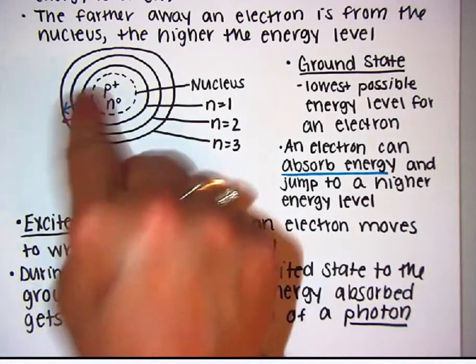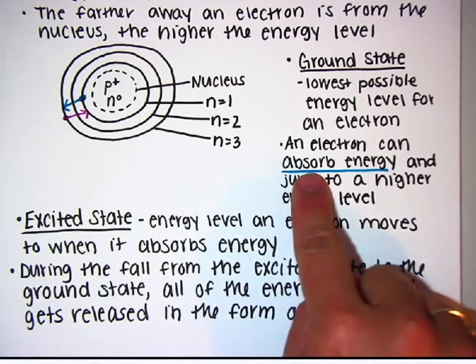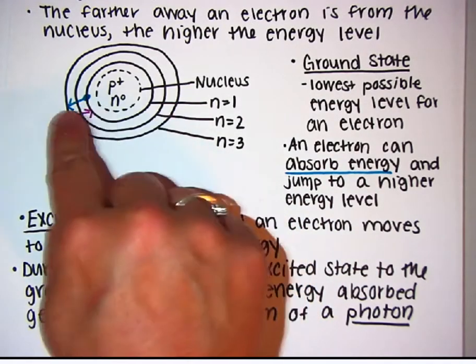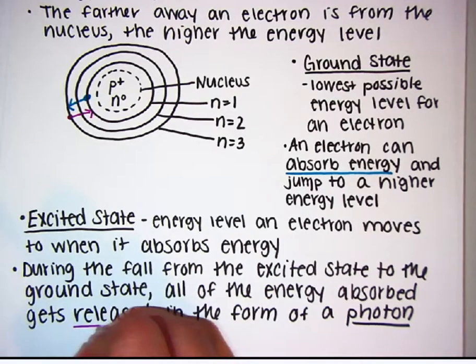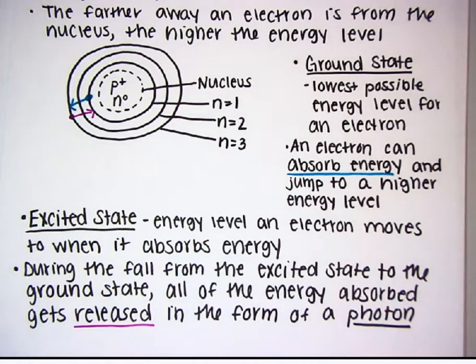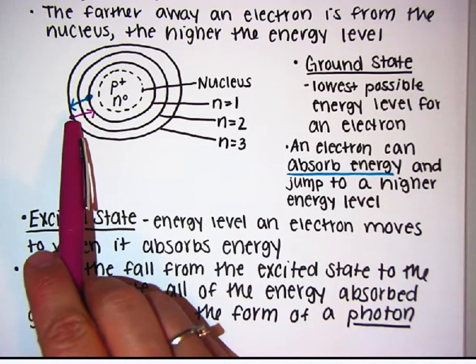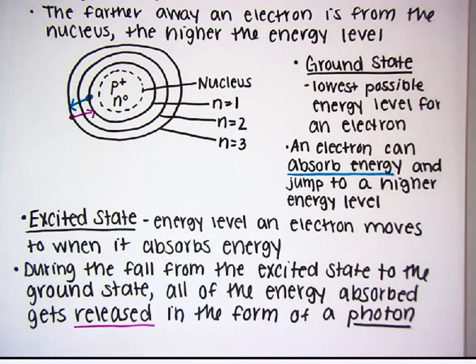So the blue arrow is representing what happens when an electron absorbs energy. When it absorbs energy, the electron is going to jump from the ground state to the excited state. The pink arrow is showing what happens as that electron releases energy. When that electron falls from the excited state back to the ground state, it has to release all of that energy.